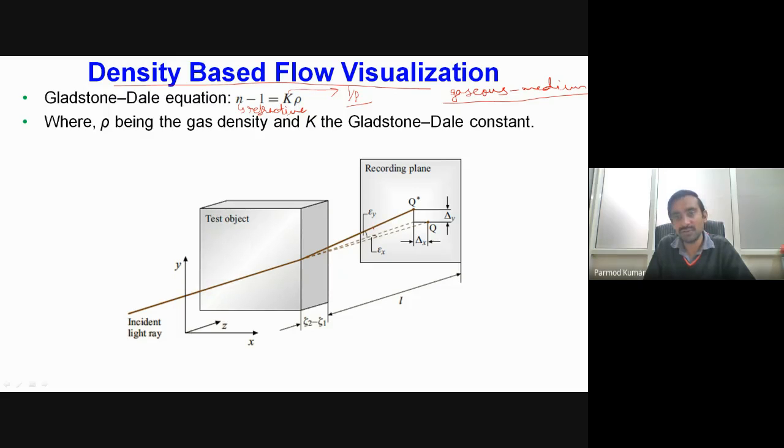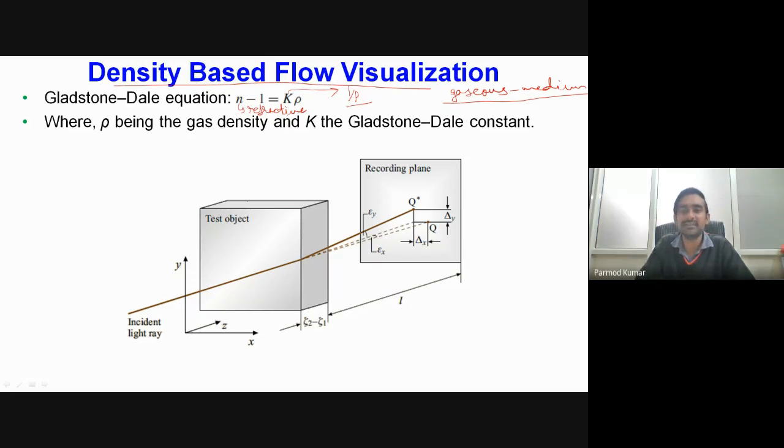Over here you can see that our light ray is moving along the z direction. Obviously, any change of refractive index in the z direction will not cause deflection of the light wave.